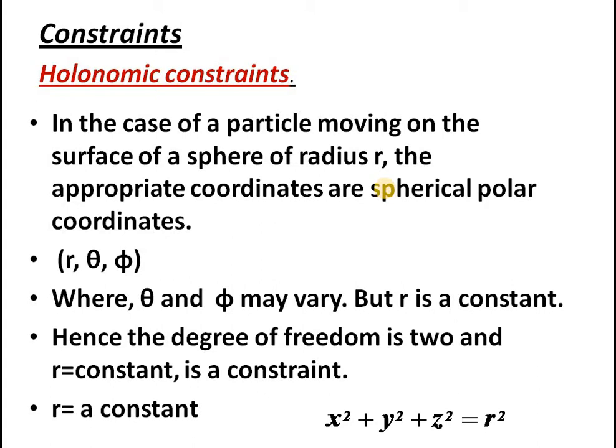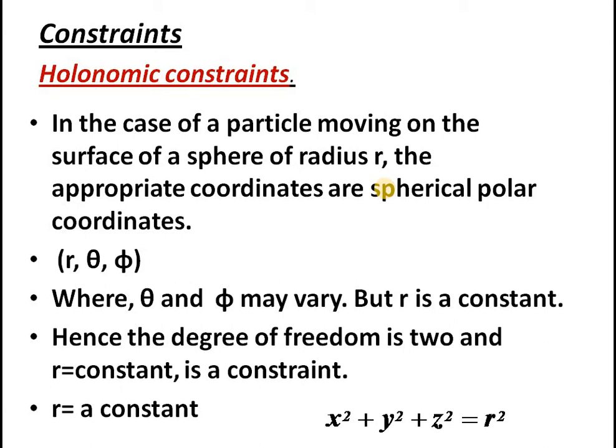How many degrees of freedom does the ant have? It has 2 degrees of freedom, because r is constant, and theta and phi can vary. So we say the degree of freedom of an ant moving over a spherical ball is 2. That means we need theta and phi to describe its motion.